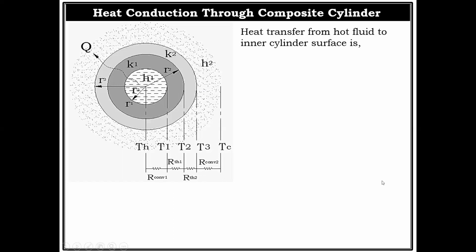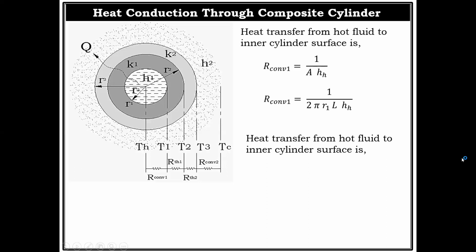So considering heat transfer from the hot fluid to the inner cylinder surface, that is the convection part. R convection is 1 upon area into H of H, the convective heat transfer coefficient. At the inner surface where the radius is R1, the surface area through which heat is transferring is 2 pi R1 L. This is the total surface area of the inner surface, into HH.